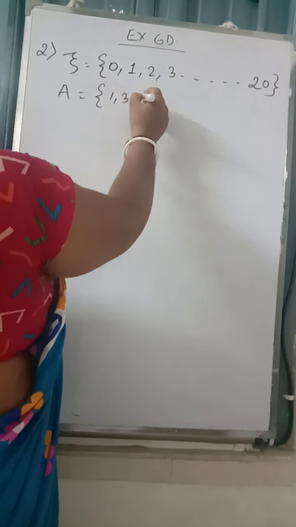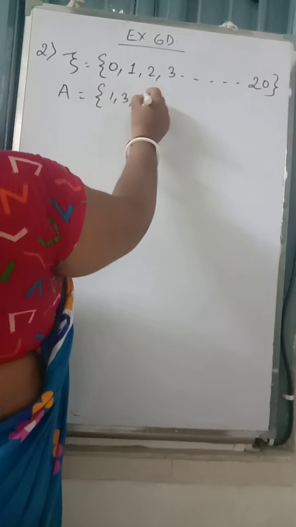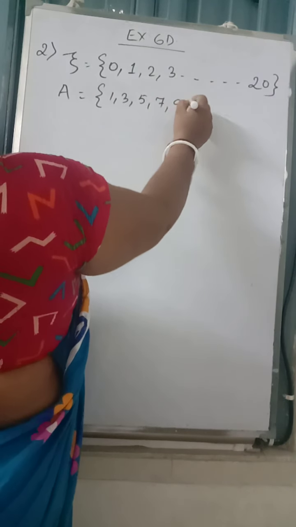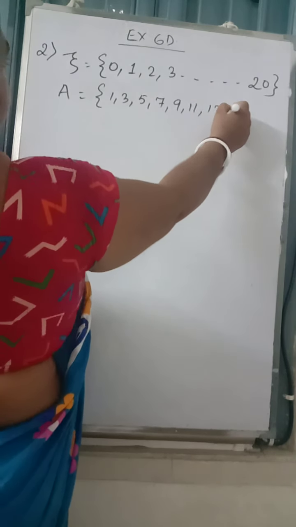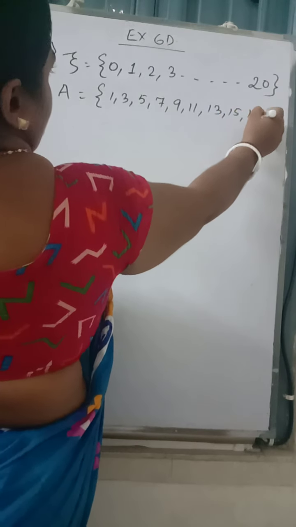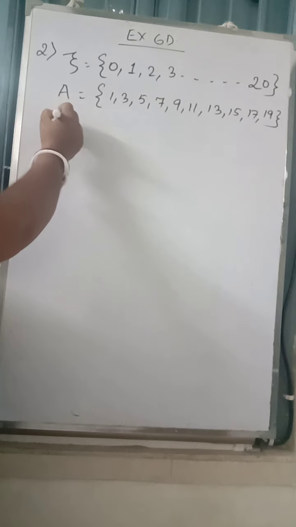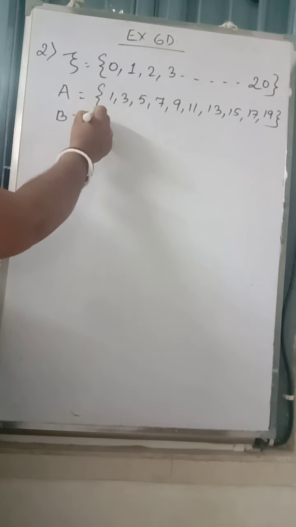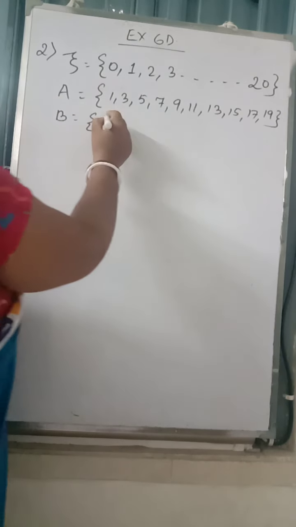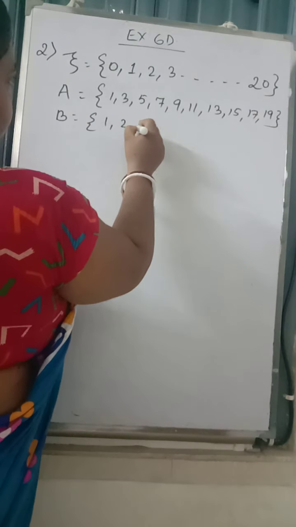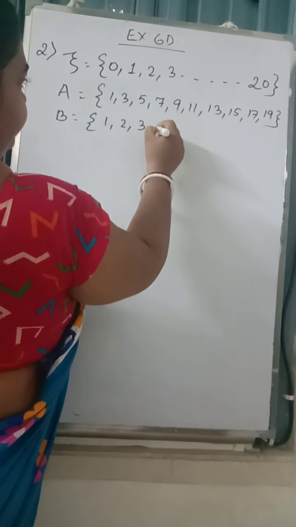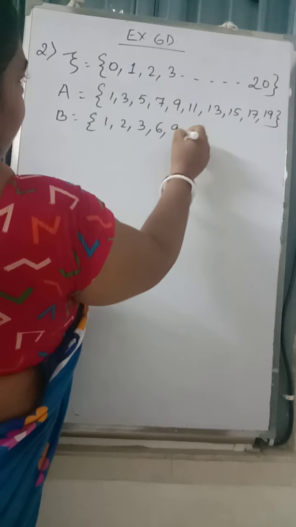So what are the odd numbers we have? 1, 3, 5, 7, 9, 11, 13, 15, 17, 19. Set B is the factors of 18: 1, 2, 3, 6, 9 and 18.